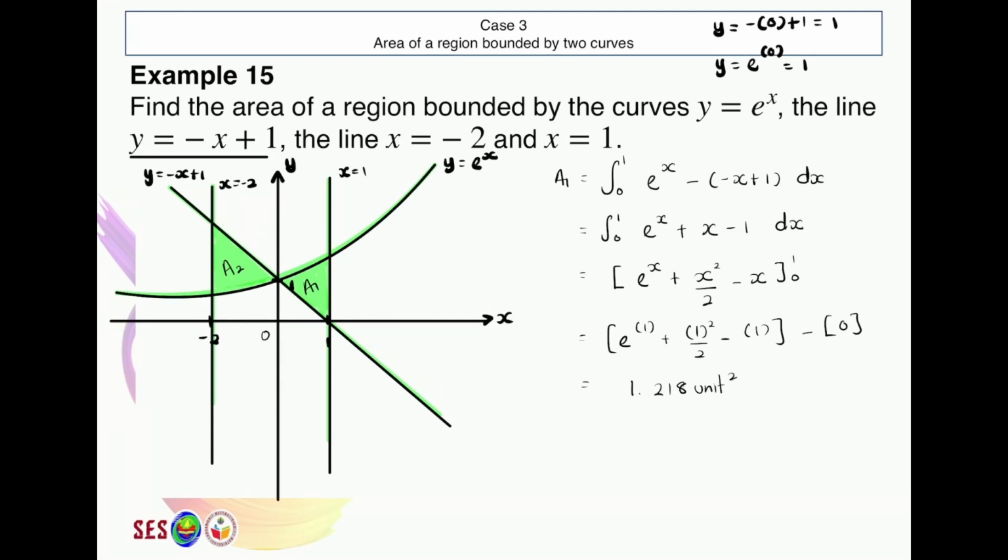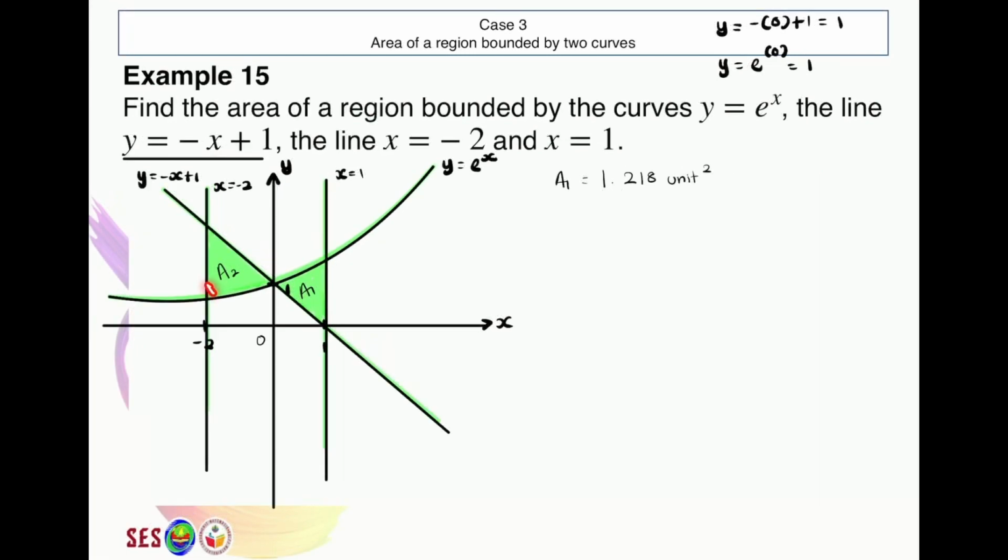Now we are going to find A2, and after that we're going to add both areas to find the total area of the region bounded by the curves. To find this area, we could use the same formula. We take the upper function minus the lower function, and we integrate in the interval from -2 up till 0.